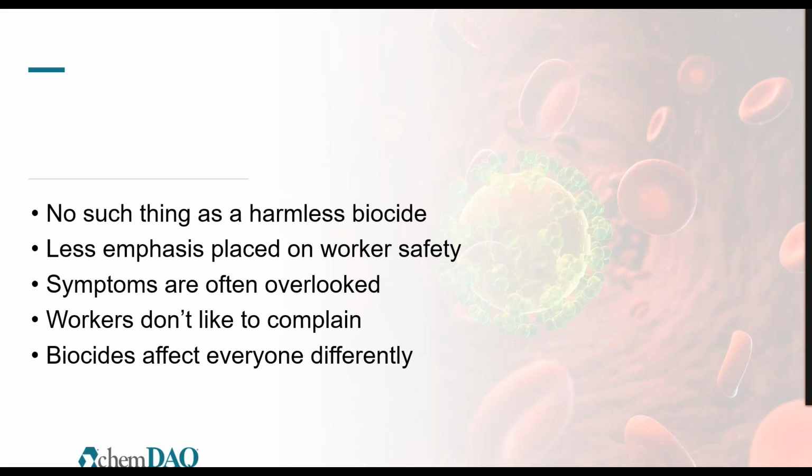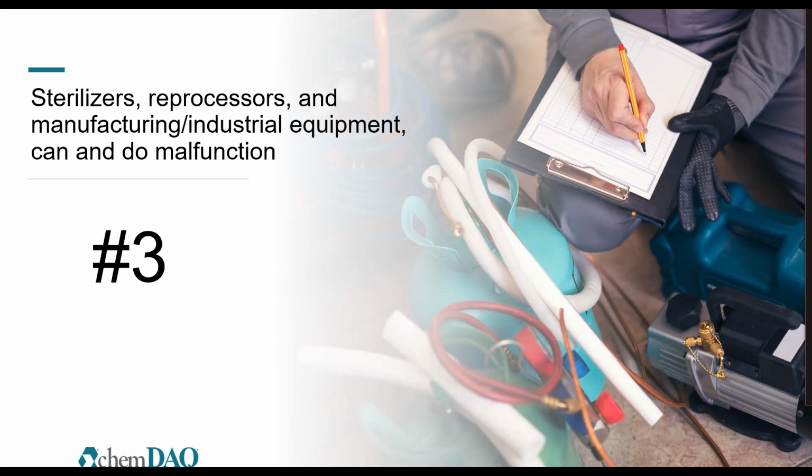Okay, let me move on to number 3. So again, this is crossing industries, which we don't typically do, but we're doing it. Sterilizers and reprocessors, so typically on the healthcare side, as well as manufacturing industrial equipment, so the food and beverage side, the protein side, the sterilization company side, their equipment in all of these industries can and does malfunction.